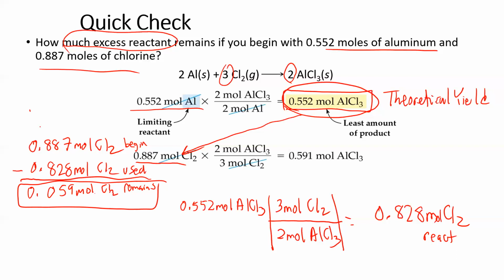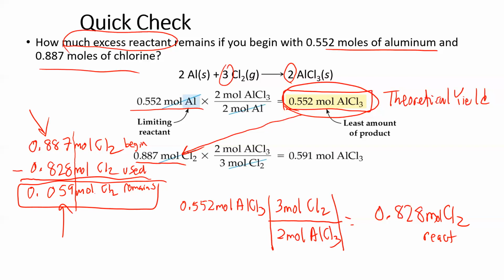And yes, this is 3 sig figs, and this is only 2. But remember, we're following the rules of addition and subtraction, and we go to the precision of that measurement, which is to the thousandth place. So 59 thousandths is the correct answer, and that would be my final answer.